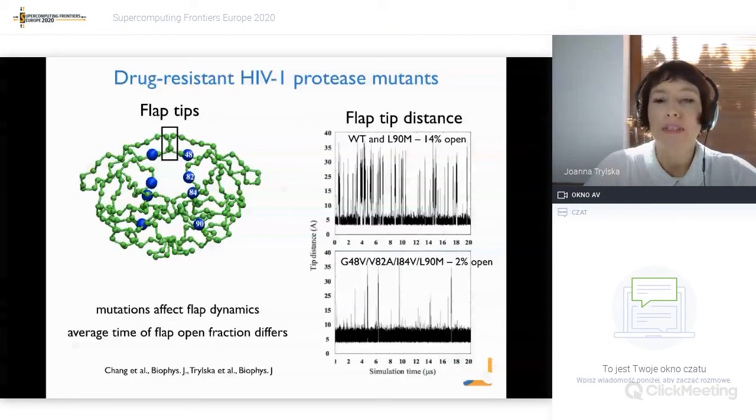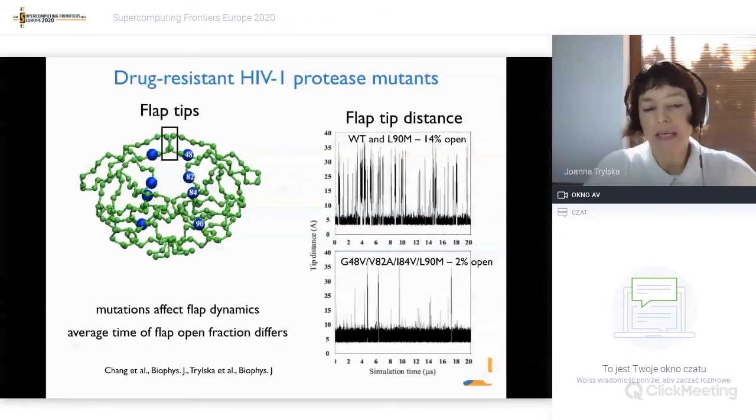And what you see is the flap tip distance, so the flap opening frequency as a function of the simulation time here in microseconds, because it's a coarse-grained model. In the wild-type enzyme, you see that the frequency of flap opening is quite large. But for one exemplary mutant, you can see that the flap dynamics is suppressed.